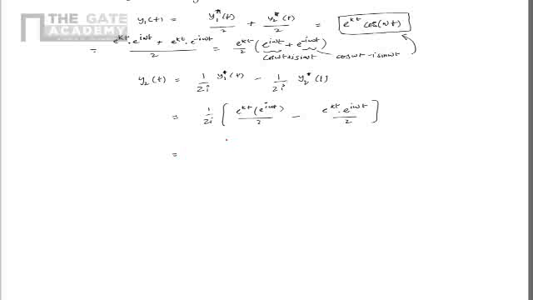On simplification, e power kt is common, and I get cos omega t plus i sin omega t minus cos omega t minus i sin omega t. Anyhow y2 was minus, so minus will become plus.